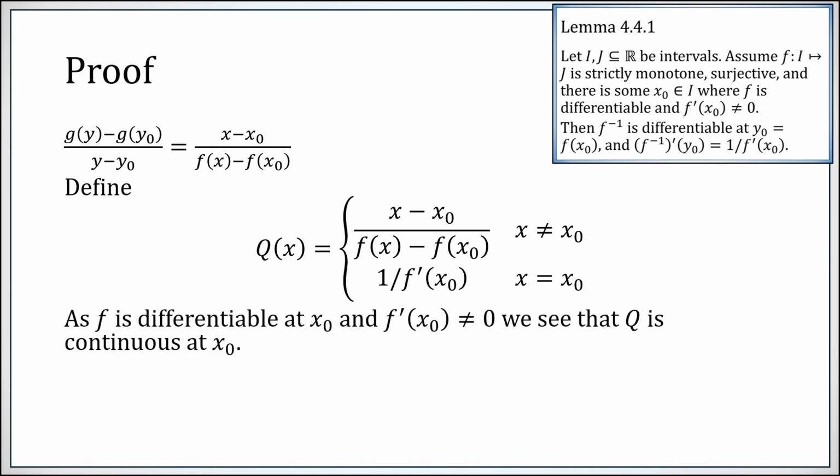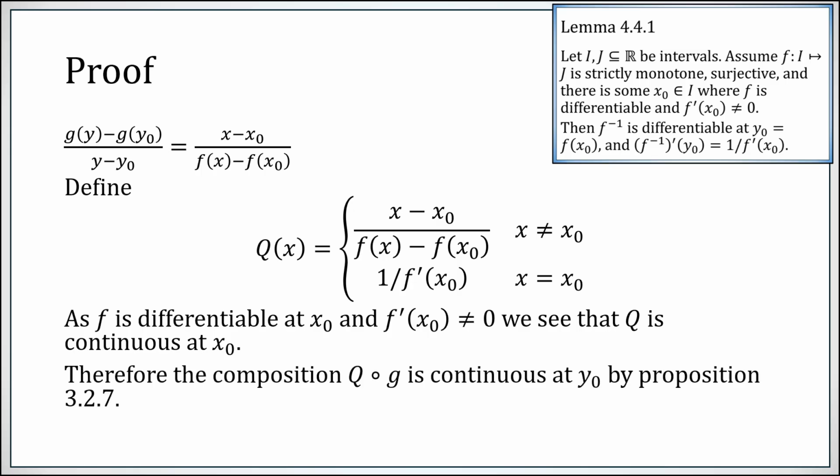F is differentiable at x naught, and f prime of x naught was not 0. Meaning, if you take the limit as x approaches x naught, this is exactly the reciprocal of the difference quotient of f. Since we're not getting a 1 over 0, the limit as x approaches x naught of this will be exactly this value here. In other words, capital Q is continuous at x naught.